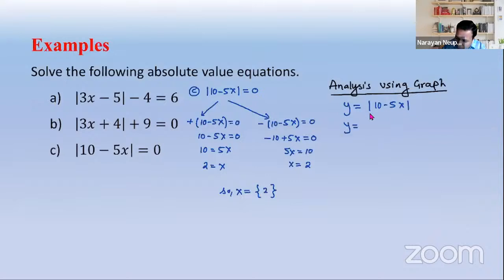That is, we write like this. y equal to, if I write x first, it will be -5x, then plus 10. 5x is negative, and then 10 is positive. So -5x plus 10.